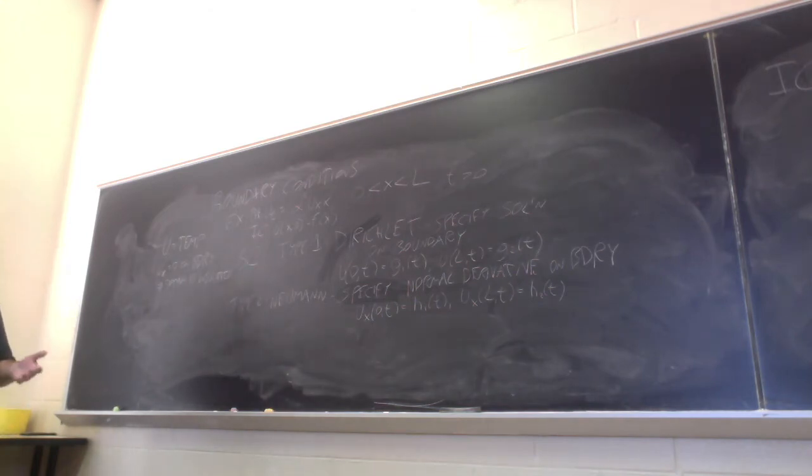Because if you're modeling the heat equation in one dimension, it's like you're modeling the temperature of a thin rod. So you're saying the rod is insulated at the endpoints.